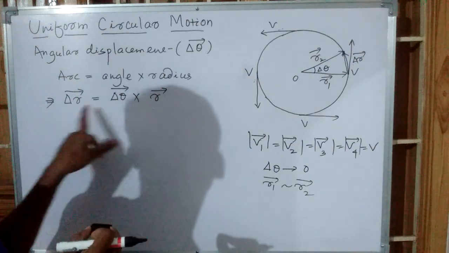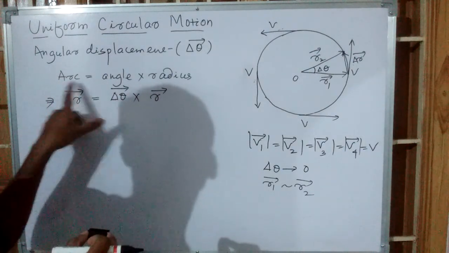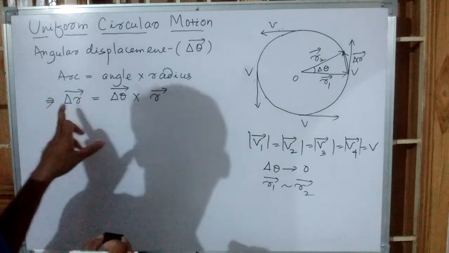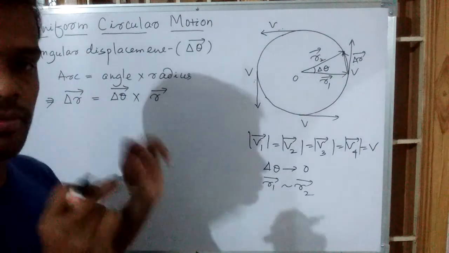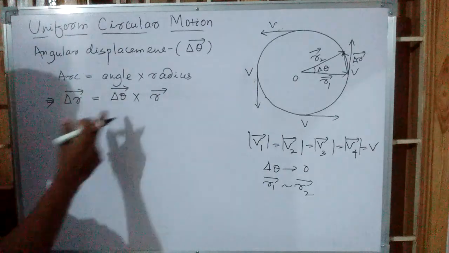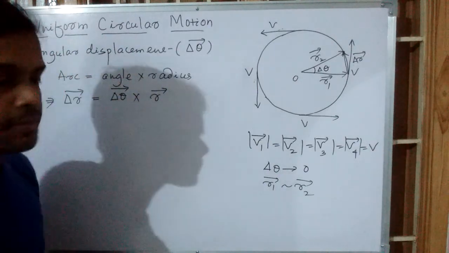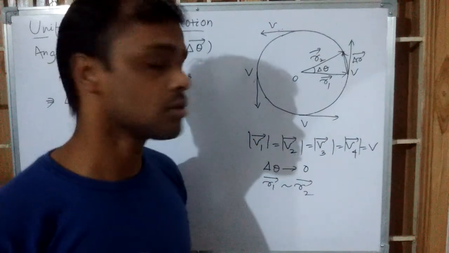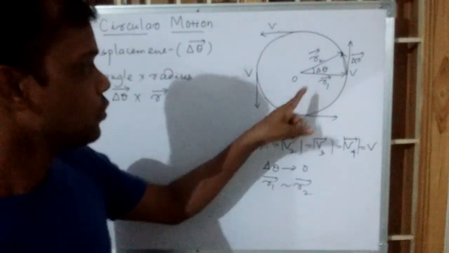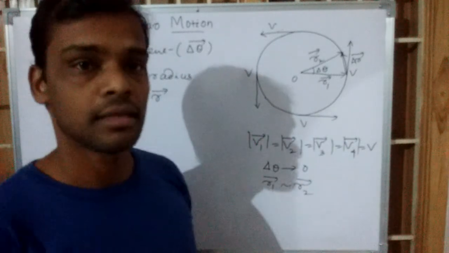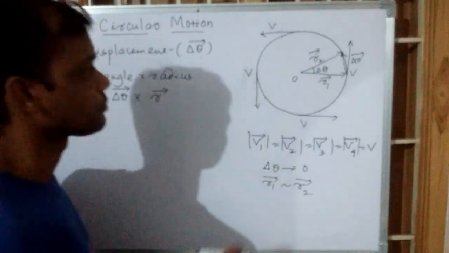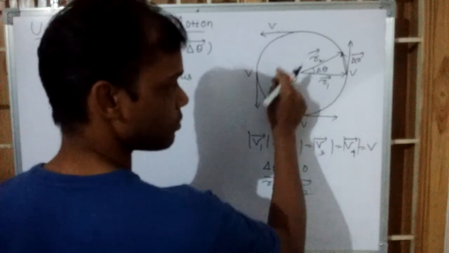If it is a dot product, then the result must be a scalar. Since this is a vector, you have to put a cross mark here. Then let us check the direction of del theta and R. Now the question is, what is the direction of del theta first? In what direction is del theta indicating? It is circulating like this.